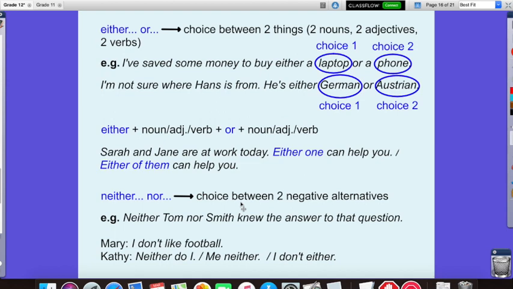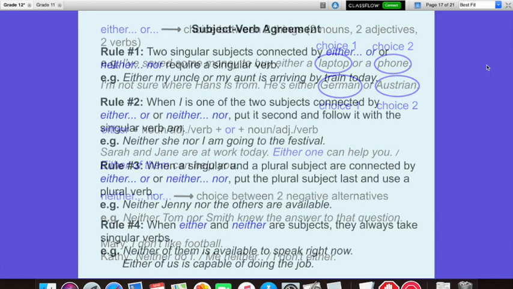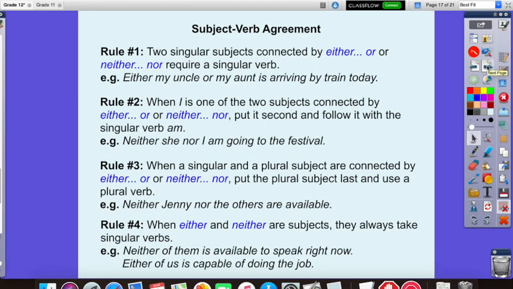Next, we're going to look at some grammar rules. Let's look at the first example sentence. We have two singular subjects, uncle, singular, aunt, also singular. They are connected by either or.